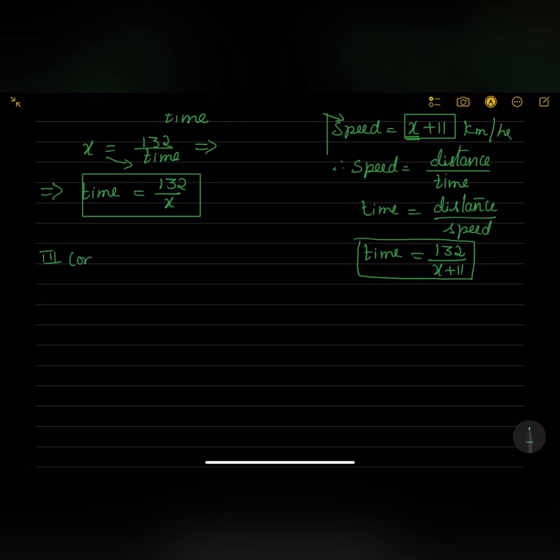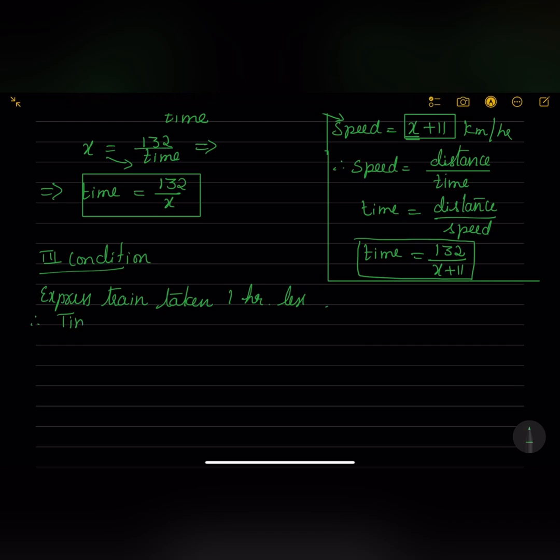Third condition. They have given the third condition like this. The express train takes 1 hour less than the passenger train.